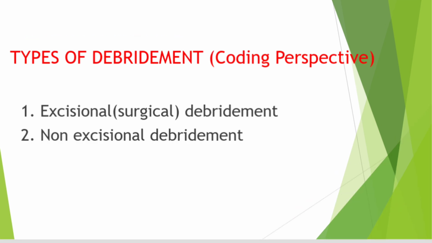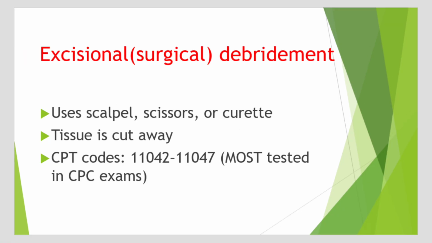Next, types of debridement. We have two types. One is excisional debridement. The other one is non-excisional debridement. Excisional debridement is also called as surgical debridement. Excisional debridement uses scalpel, scissors or curette.